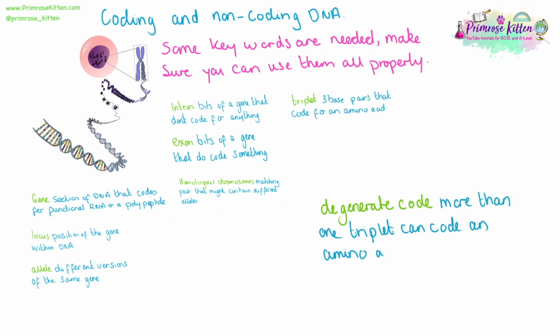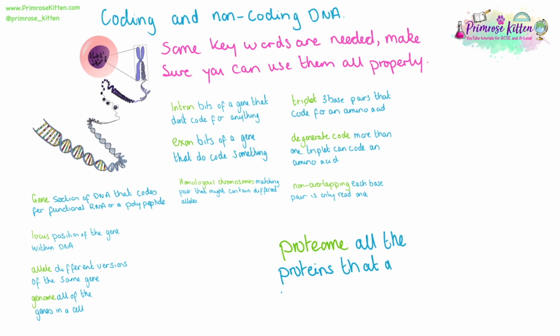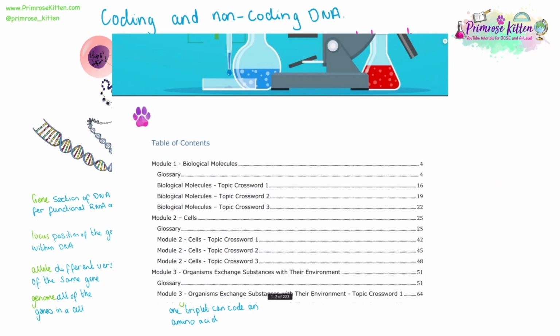DNA has a degenerate code, so more than one triplet can code for an amino acid. The code is non-overlapping, so each base pair is only read once. The genome is all of the genes in a cell, whereas the proteome are all of the proteins that a cell can make.